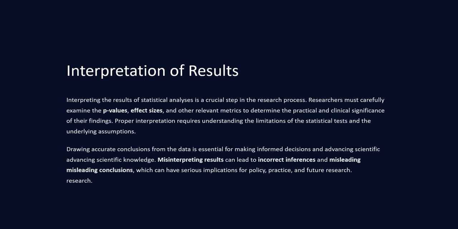Drawing accurate conclusions from the data is essential to making informed decisions. Informed decision means data-driven decision. It advances scientific knowledge, and misinterpretation of results can lead to incorrect inference and misleading conclusions, which can have serious implications for policy, practice, and future research.